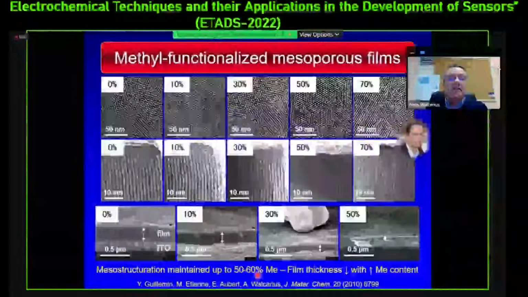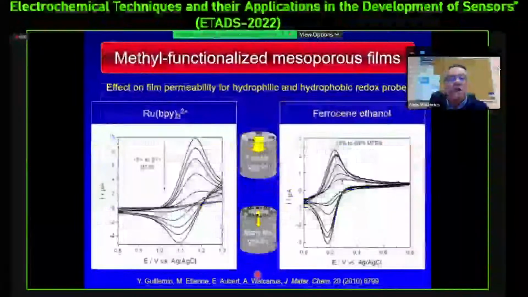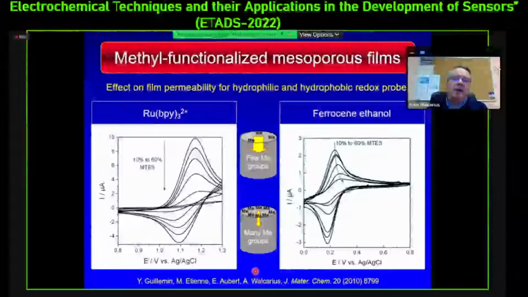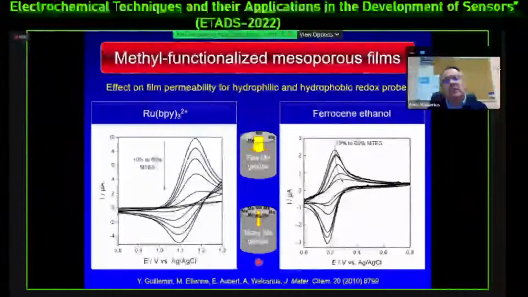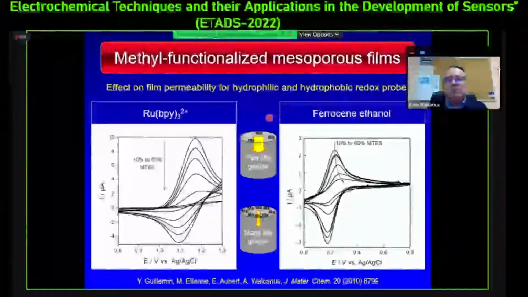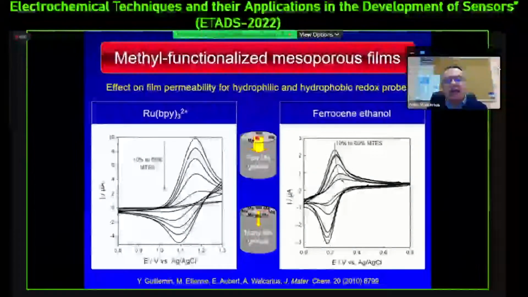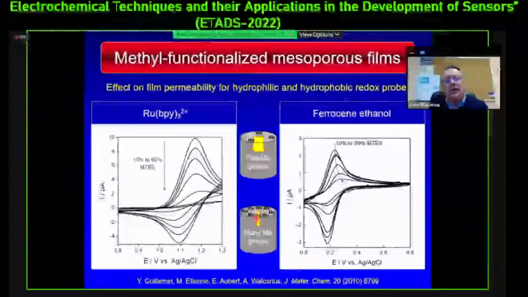The problem is that it is only methyl groups and not really useful for applications. The only effect that you can observe is variation of the hydrophilic to hydrophobic balance. I just illustrated this here. This is a response of ruthenium tripyridine or ferrocene ethanol as a function of the extent of functionalization and the number of methyl groups in the mesopores.